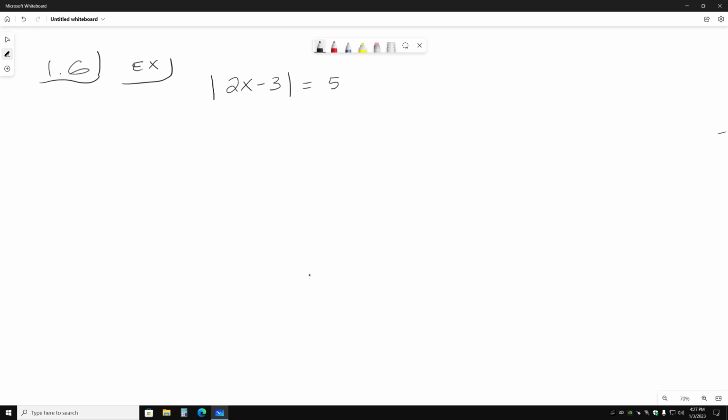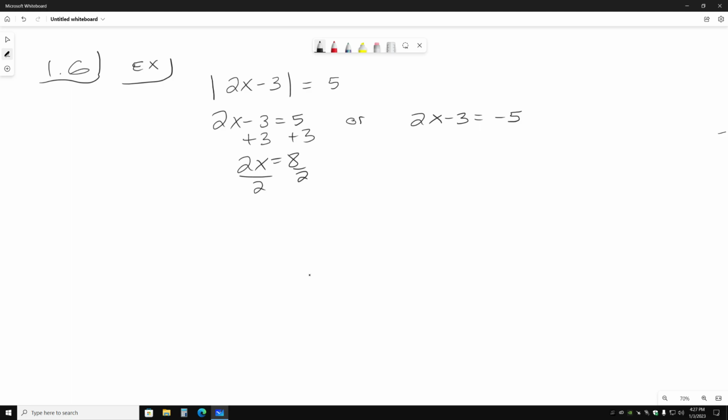All right, so trying this together, we have the absolute value already isolated. It's equal to a positive number, so we can apply our formula. 2x minus 3 equals 5, or 2x minus 3 equals negative 5. Solving for x, we'll add 3 to each side, which gives us 2x equals 8.